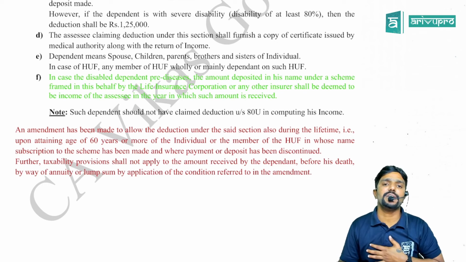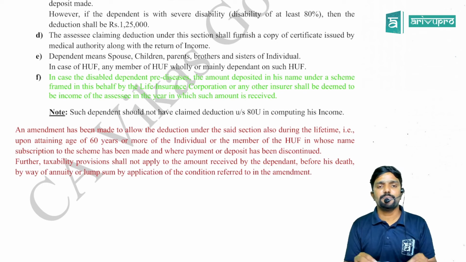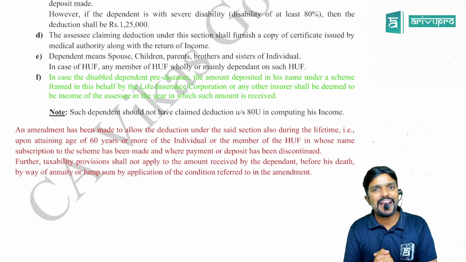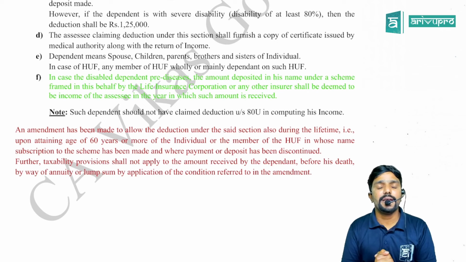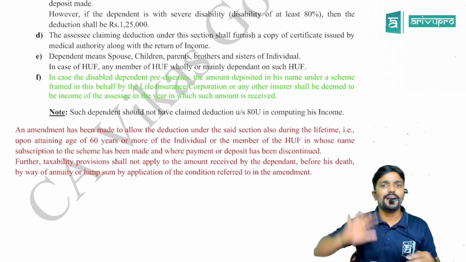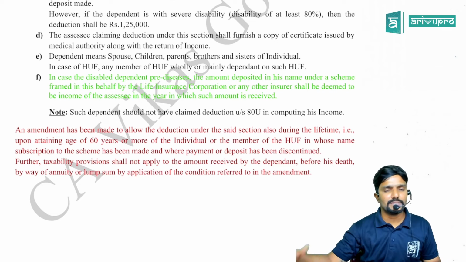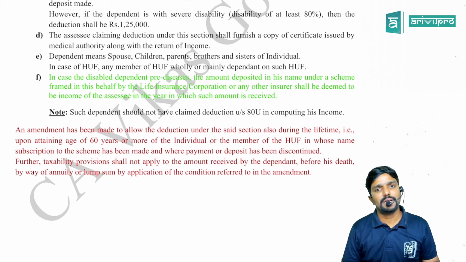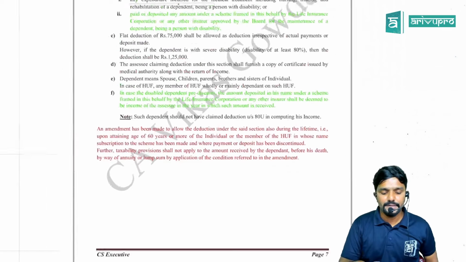Yes, I can still continue to claim it, guys. That is what the clarity is given here. Just because the insurance period got expired, that doesn't mean that even deduction under section 80DD will stop. I can still continue to claim it, provided I am taking care of my brother. Taking care of means I am taking care of all his medical treatment and all other expenses, guys.